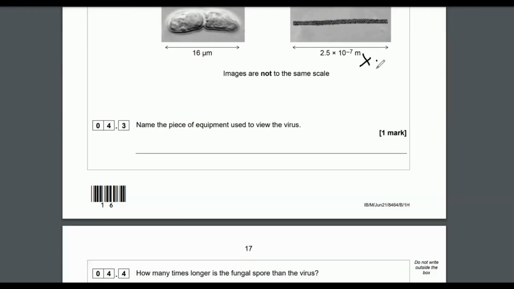So I could times by 1,000. There are 1,000 millimeters in a meter. So if I go 2.5 times 10 to the minus 7, and then times that by 1,000, I'm going to get 2.5 times 10 to the minus 4, and that's millimeters. I'm still not at micrometers. I need to times by 1,000 again, and that is going to get me into micrometers.